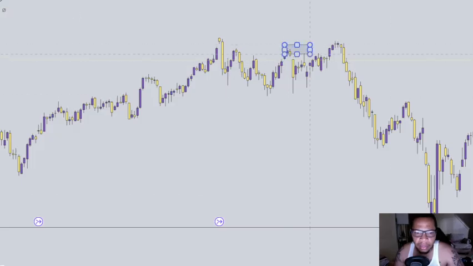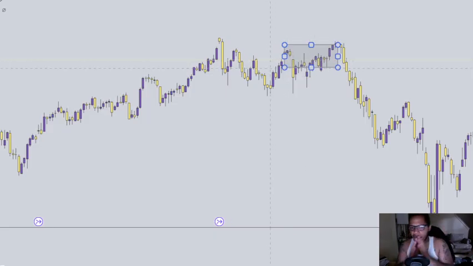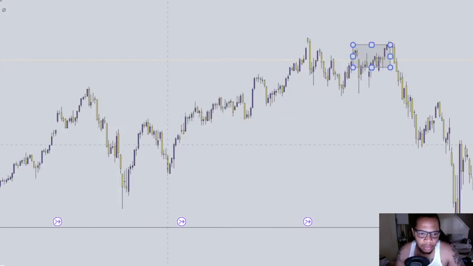When you see price moving like this, it's usually in a consolidated area, but you got your accumulation. Consolidated means it's moving sideways. You got an uptrend, downtrend, and you got consolidation. So this would be considered an uptrend right here. Then you got consolidation.